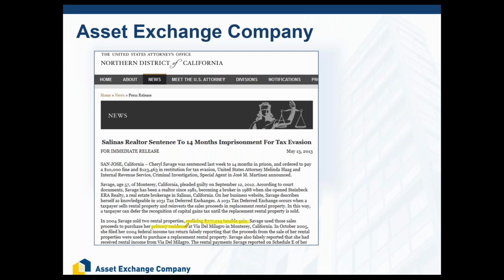So she falsified her tax returns to show rental income on the property she was living in because she wanted to call it a 1031 exchangeable property. Ladies and gentlemen, that is tax fraud. And if you do that and you get caught, well, that can land you 14 months in jail.